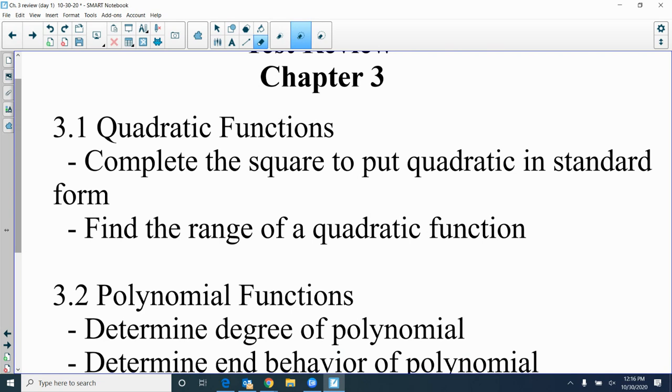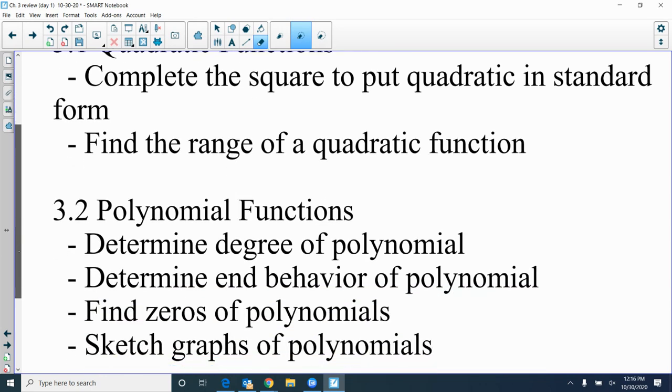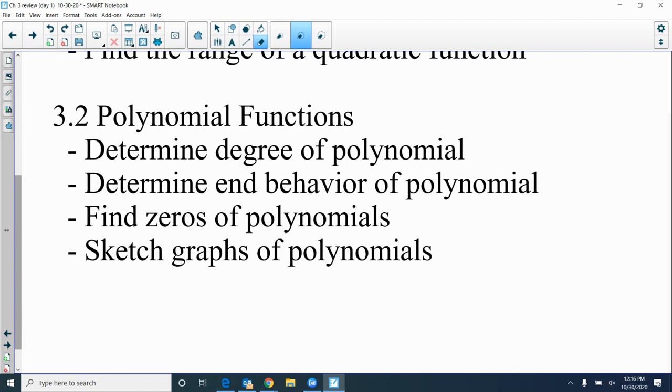Complete the square, put a quadratic in standard form. Find the range of a quadratic function. That's all from 3-1. 3-2: What's the degree of the polynomial, the end behavior, zeros, and then sketch those graphs. Okay, so does it bounce? Does it bend? Does it go straight through? So what's the multiplicity of the roots?